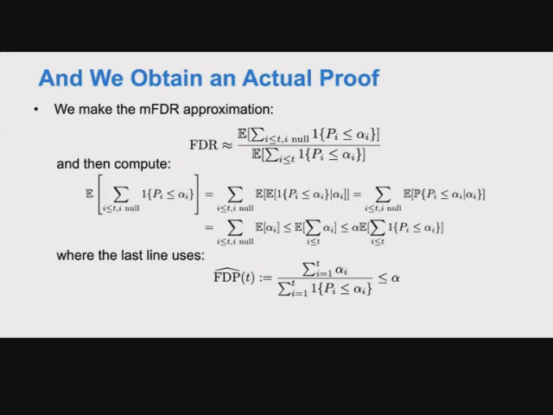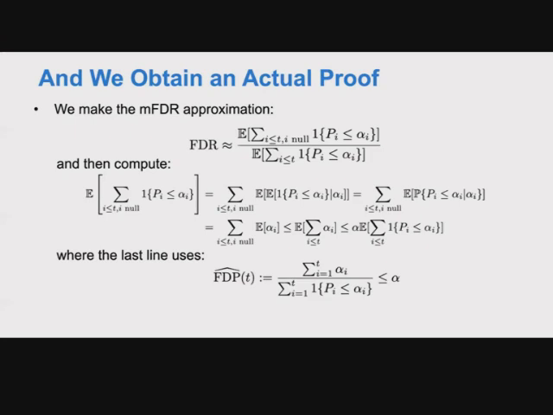Now what we do is we use the theorem we proved on the previous page, which is that the sum of alpha_i over the sum of the indicators is less than or equal to alpha. Look at what we have in this last equation here. I have the expectation of the sum of the alpha_i's.